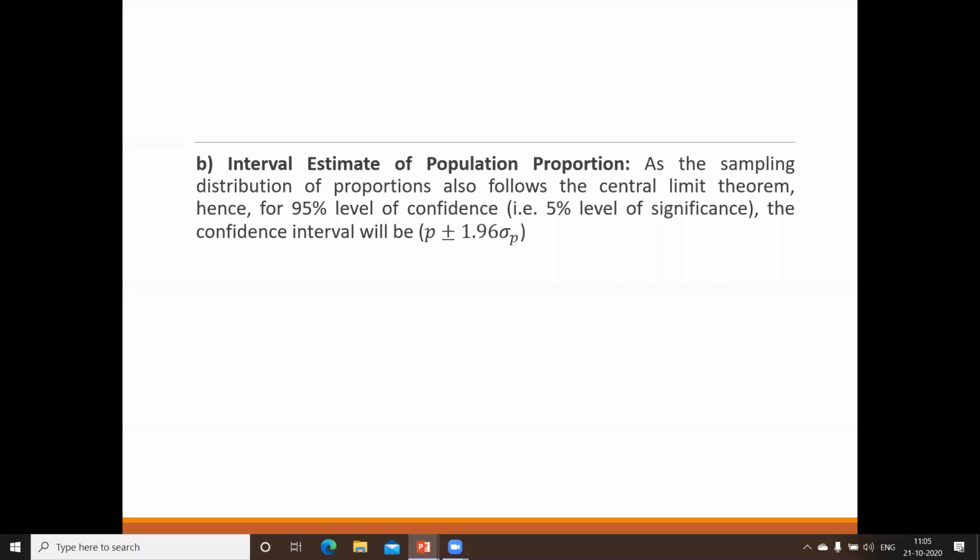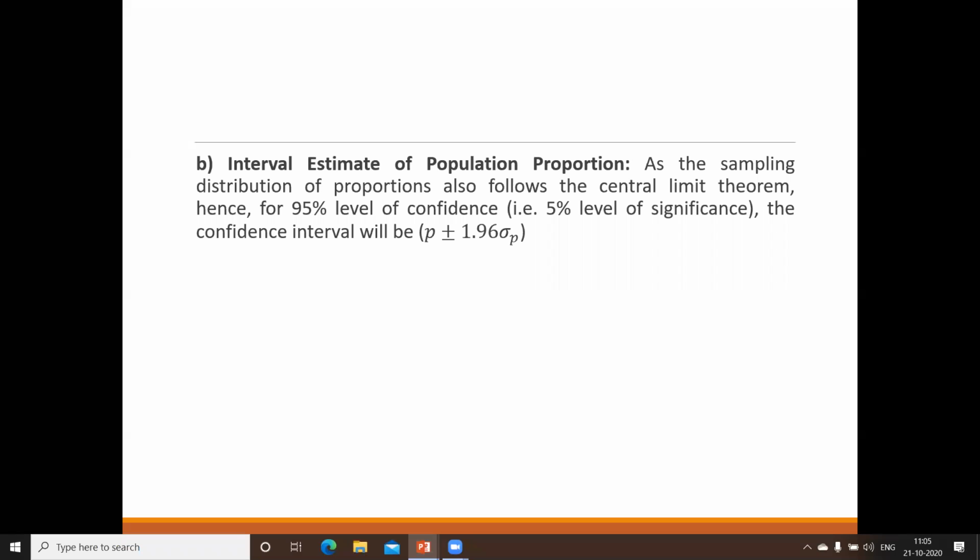When I convert this into probability, it will be 0.4750. So I need to see this value in the reverse order in my table and see the corresponding value for 0.4750. If you look at that, you'll get this value as 1.96. That is how we get this value of z, the standard variate.